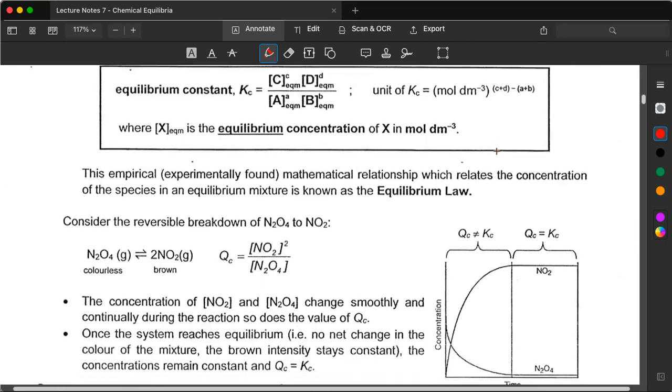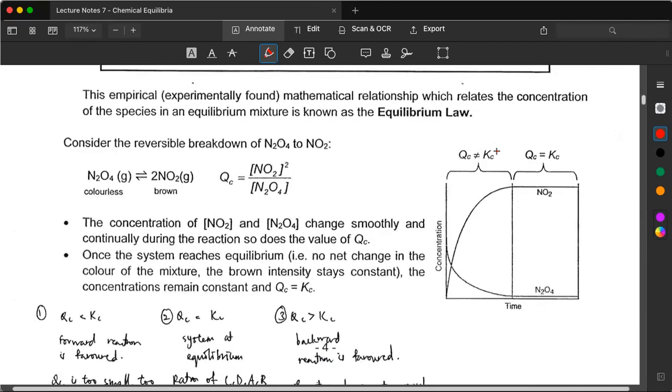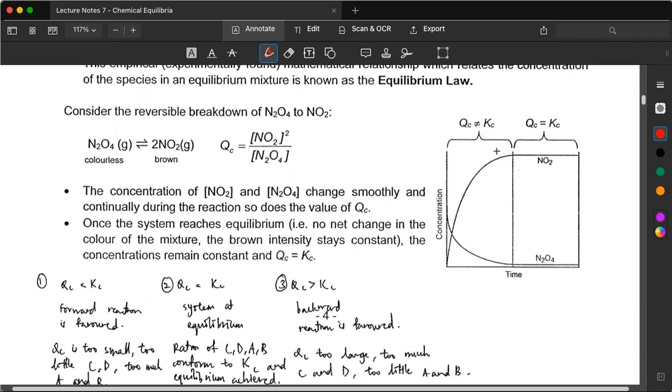This empirical mathematical relationship, which relates the concentrations of the species in the equilibrium mixture, is known as the equilibrium law. Now, consider the reversible breakdown of N2O4 to NO2. The concentrations of NO2 and N2O4 will change smoothly and continually during the reaction, and so does the value of Qc.